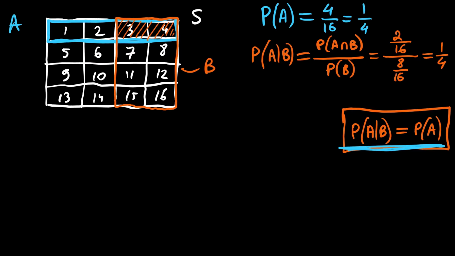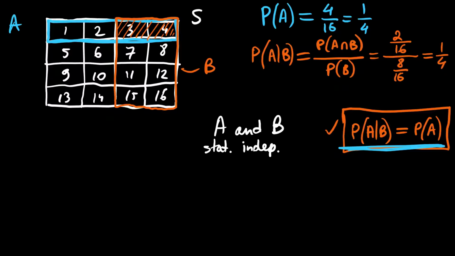So we have this equality holding, and in such a case we say that the events A and B are statistically independent. Pretty cool. This says that this event B that happened didn't change our initial probability of the event A.